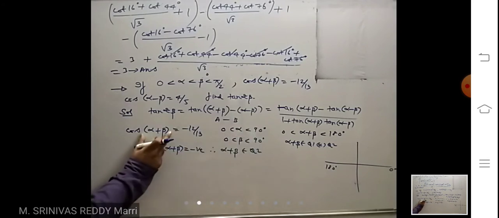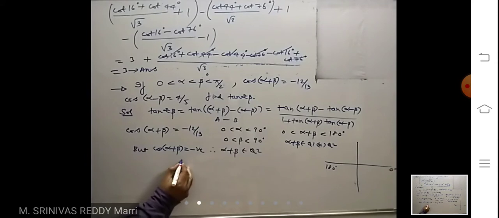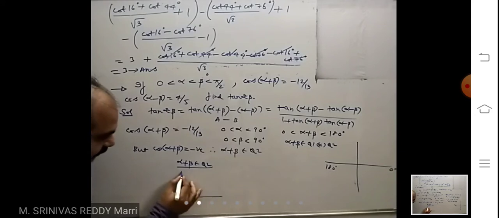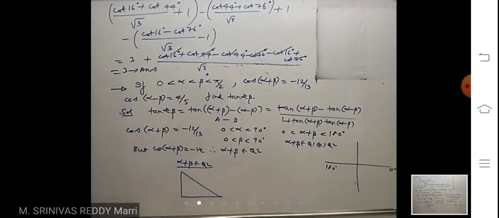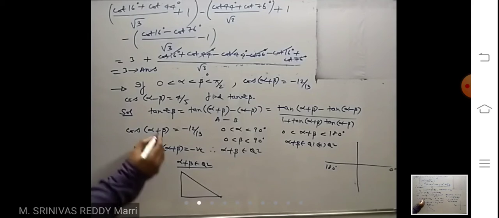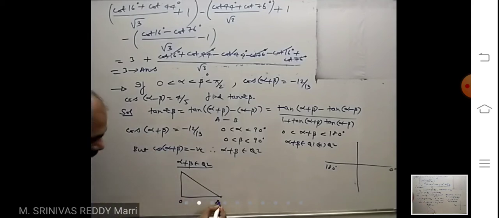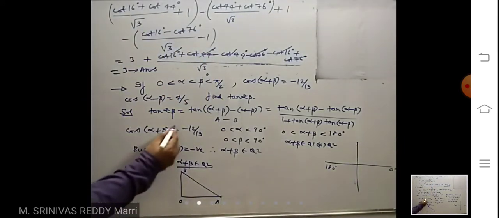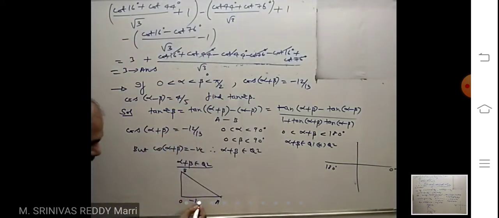That means in quadrant 2, cos theta is known. Alpha plus beta belongs to quadrant 2. Now I am drawing the triangle for alpha plus beta for calculating. In quadrant 2, x is negative, y is positive. So here x is minus 12, the hypotenuse is 13, and y must be positive.